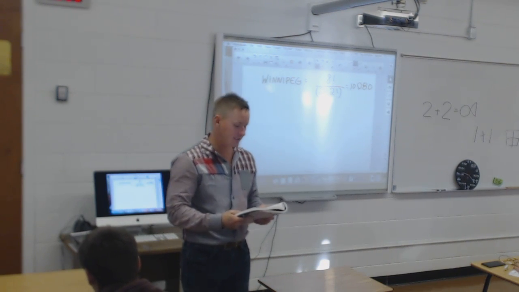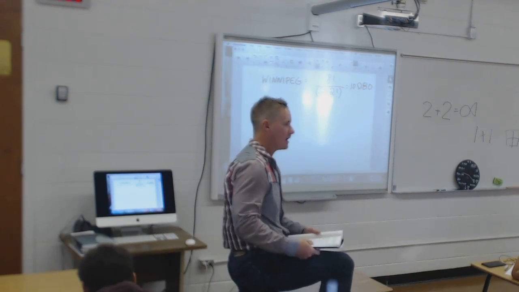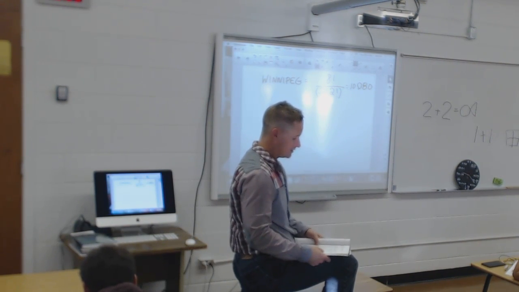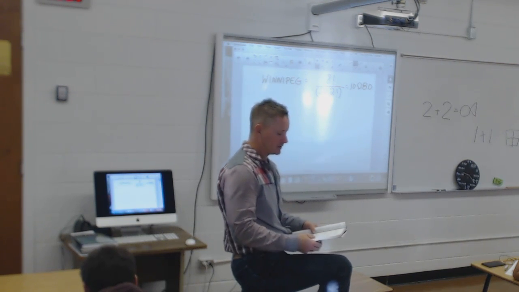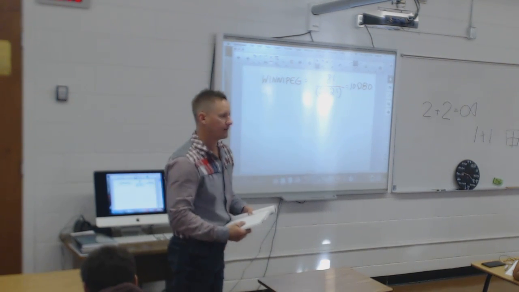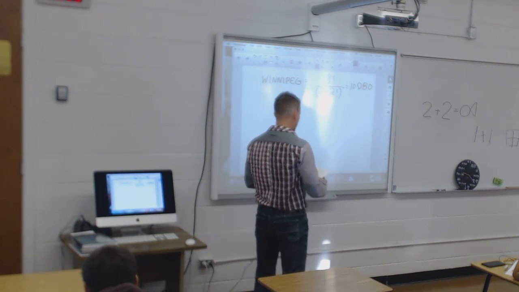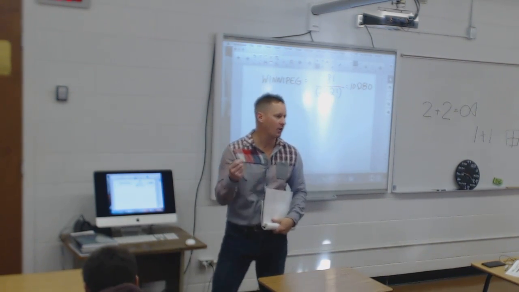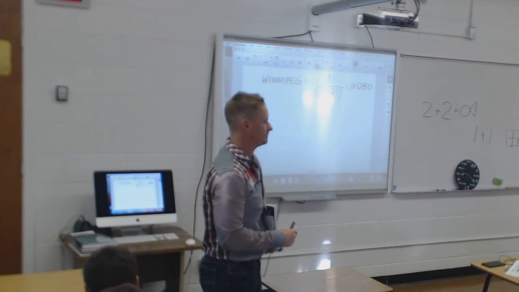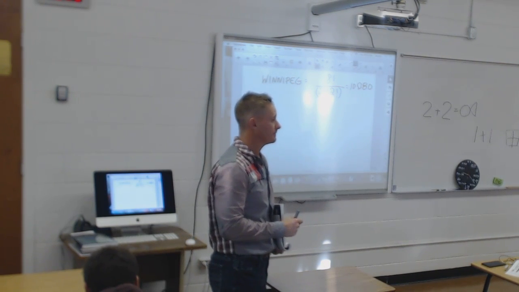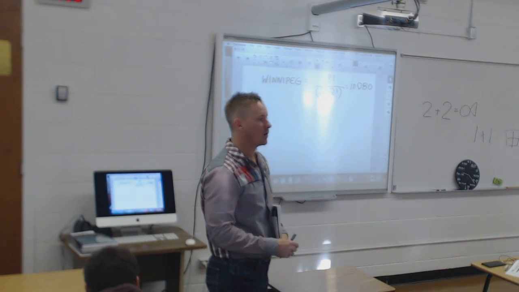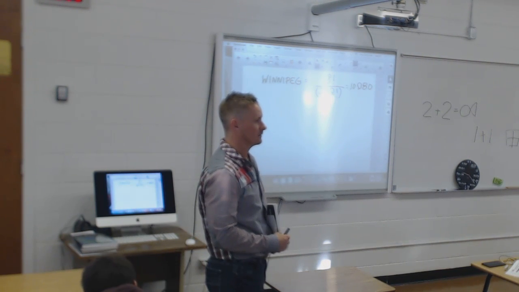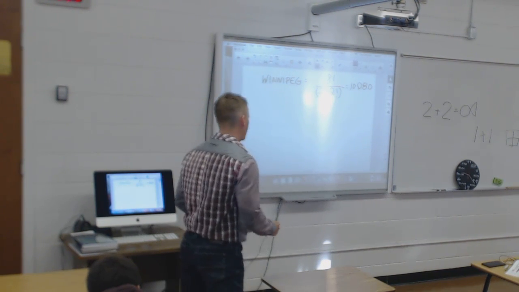Ricardo jumps into a taxi to travel 8 blocks west and 3 blocks north across town. Assuming there are no one-way streets, how many routes could the taxi driver take? So he needs to go 8 blocks to the west and 3 blocks to the north, and I want to know how many ways he can do that. How many blocks are there total? 11.